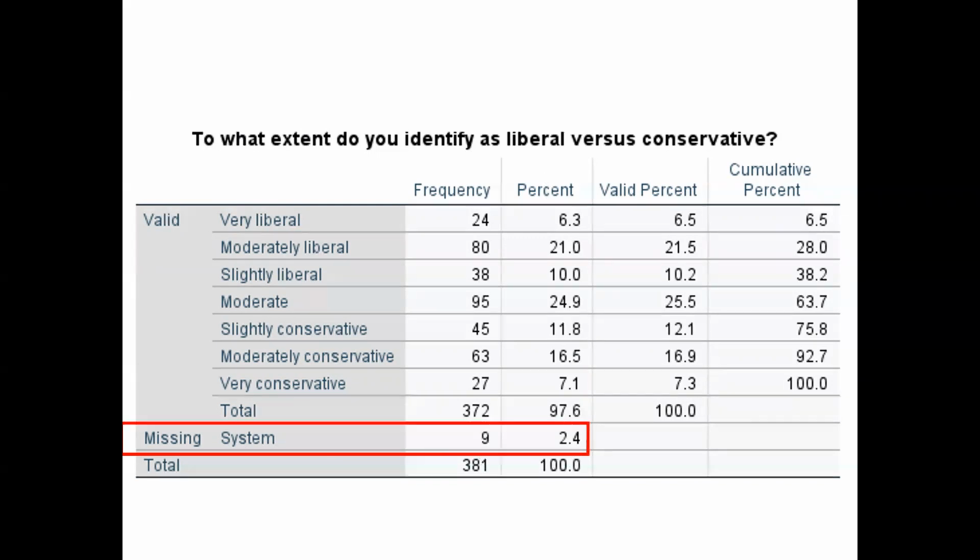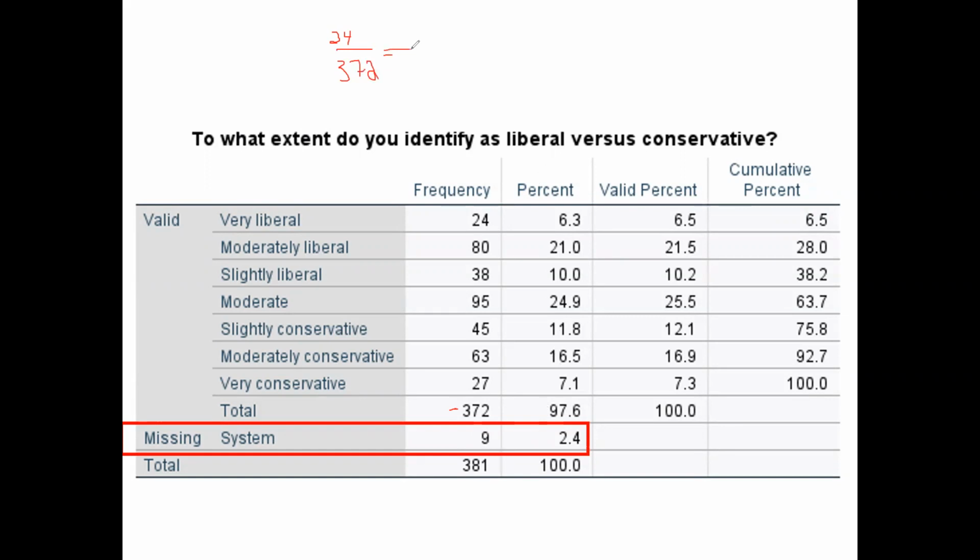So let's have a look at that. So valid percent, 24. And to get that valid percent, right, we divide 24 by the total of people who answered the question, right? Which was 372, because we don't include those 381, right?